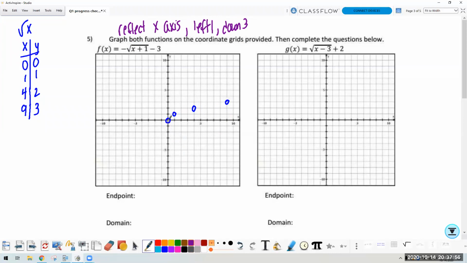0, 0 doesn't reflect. So I'm going to go left 1 and then down 3. That's my endpoint at negative 1, negative 3. Now this point, reflect, left 1, down 3.